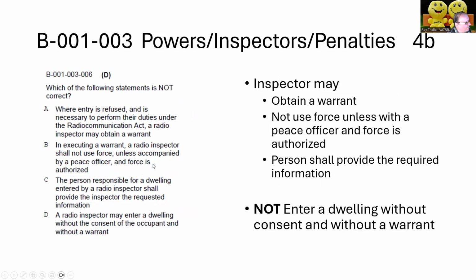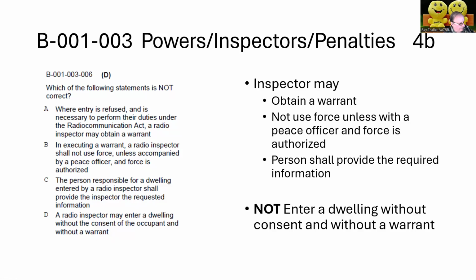That is also true. The person responsible for a dwelling entered by a radio inspector shall provide the inspector with the requested information. That is also true. So then down here, a radio inspector may enter a dwelling without the consent of the occupant and without a warrant. That's not true.